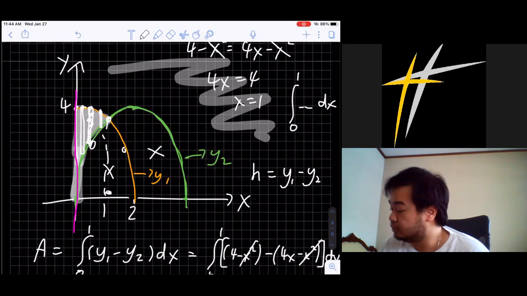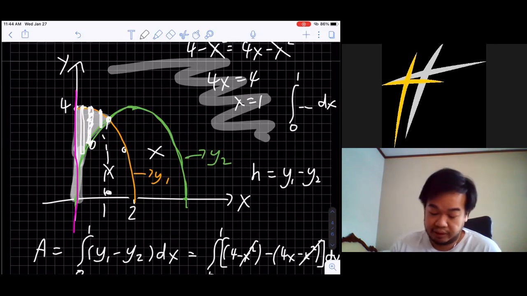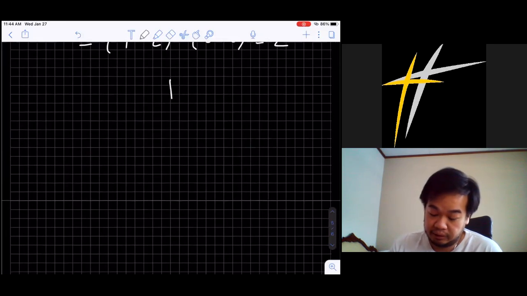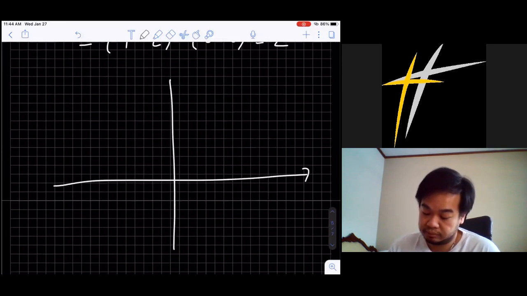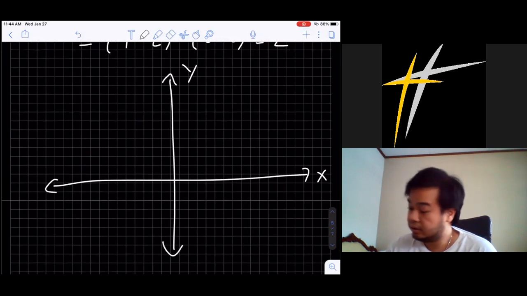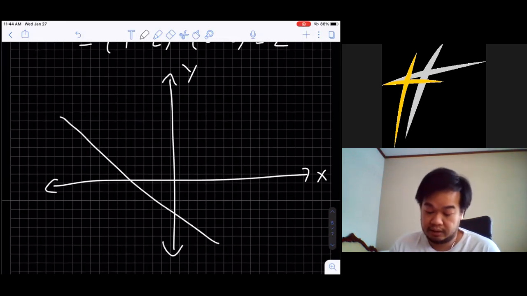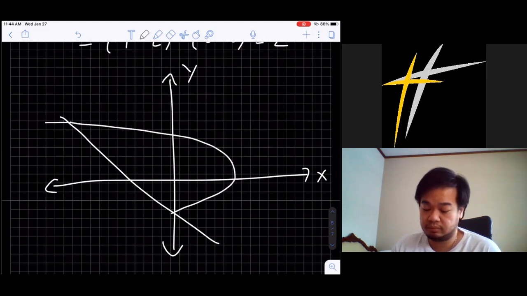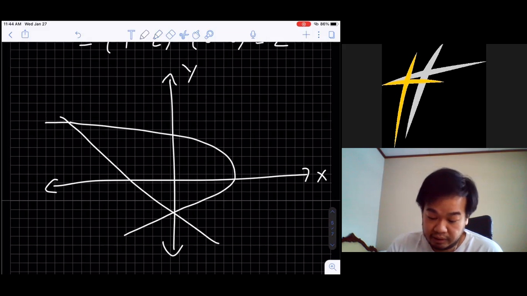Now, if you look at your book, page 235, given an example, a straight line and a parabola. And we want to find the area below the graph of this one.